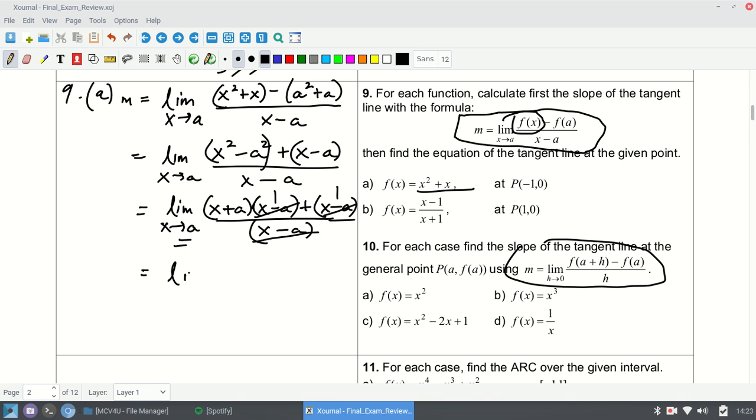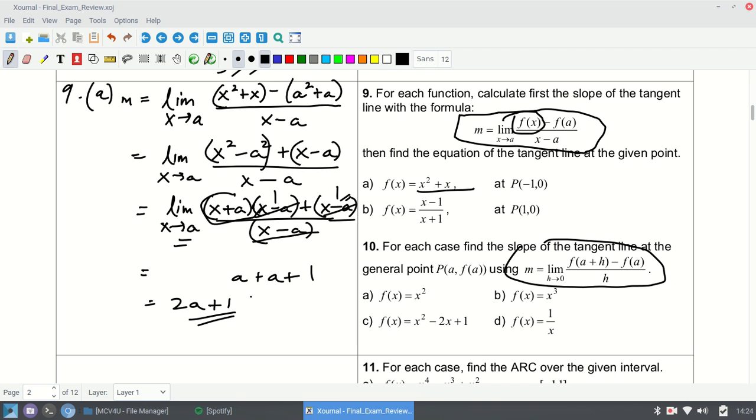So in the end, what I will get is x plus a on the top plus 1. So I get x plus a plus 1, and then I just punch in my a value as a substitute. So I'll just erase this, and I'll put an a right here, and I get 2a plus 1.